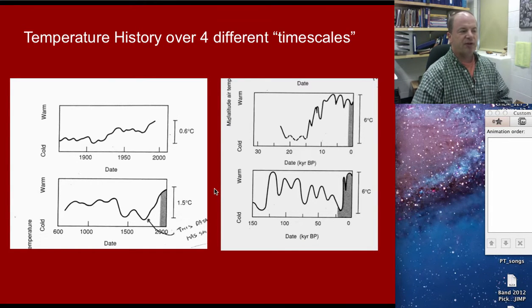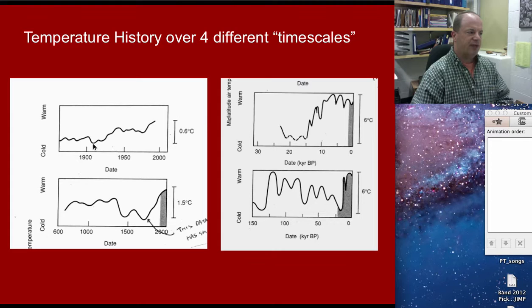Average global temperature has varied a lot, especially over long time scales, although it hasn't varied as much over shorter time scales. If we go back the last 100 years or so, we're coming through a long period of climate stability that by and large corresponds to the rise of Homo sapiens as the dominant species on this planet. But over the last 100 years or so, there have been two distinct warming periods.